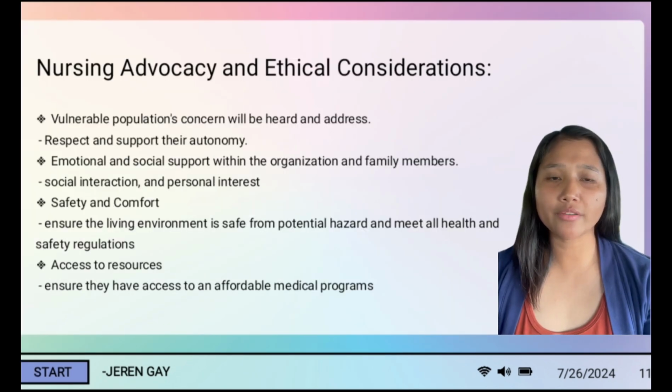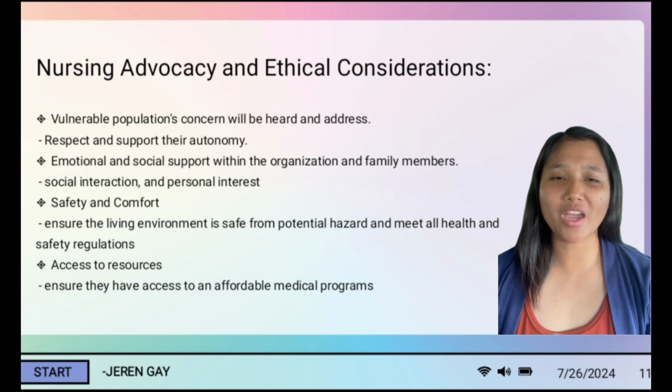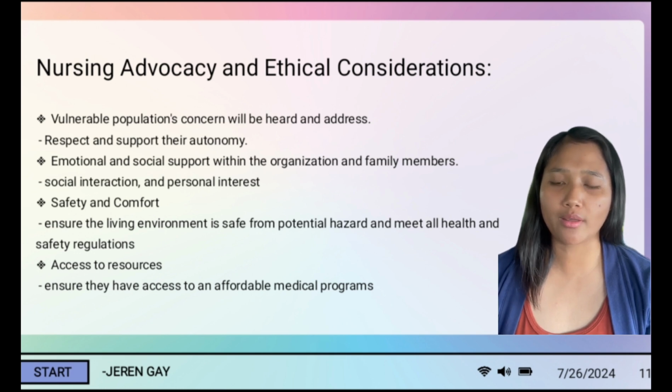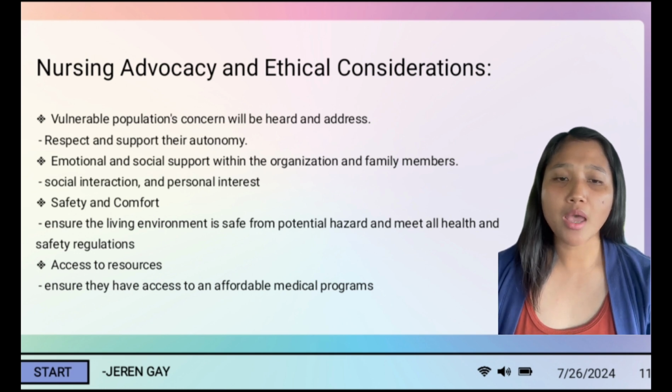For our nursing advocacy and ethical considerations, first and foremost, we have to respect and support their autonomy. That means their concerns, wants, and needs will be addressed. It is their right to be heard. Second is to ensure that we offer emotional and social support, not just for the residents, but also for their families.